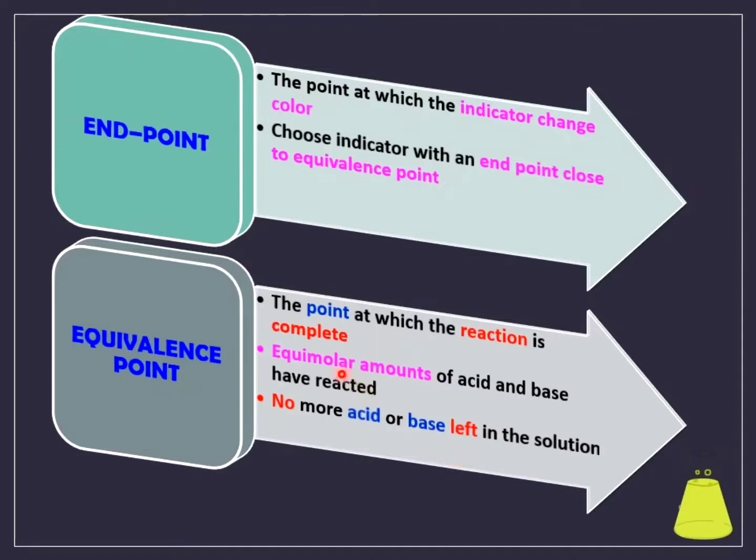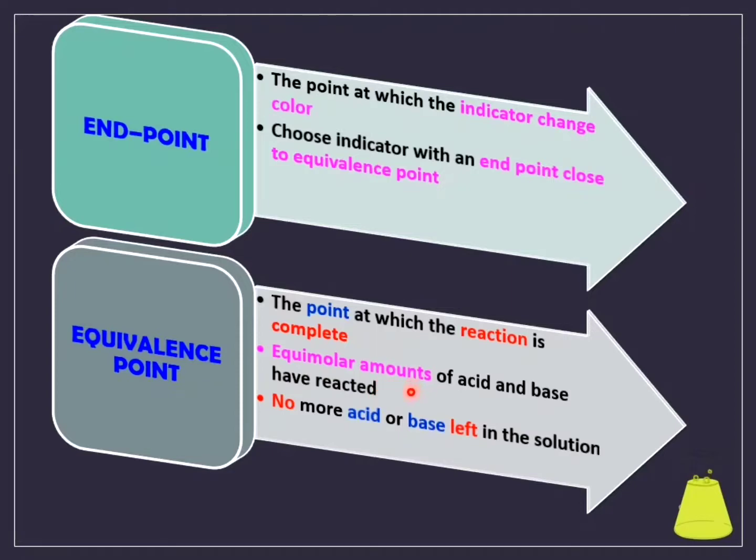Equivalent point also means equimolar amounts of acid and base have reacted. This one we need to identify from the stoichiometry. Biasanya kalau ratio acid dengan base 1:1, number of mole at equivalent point adalah sama.